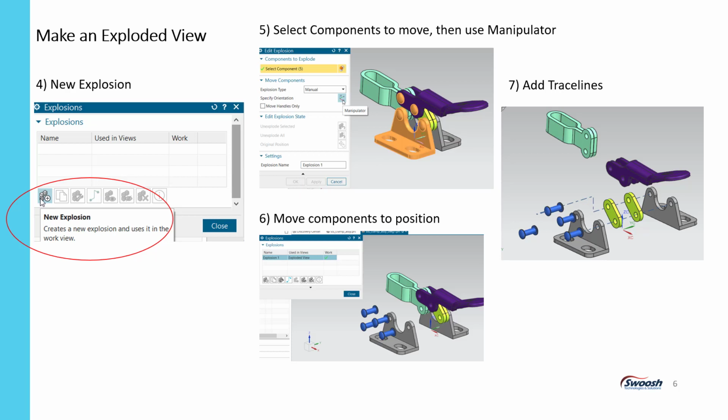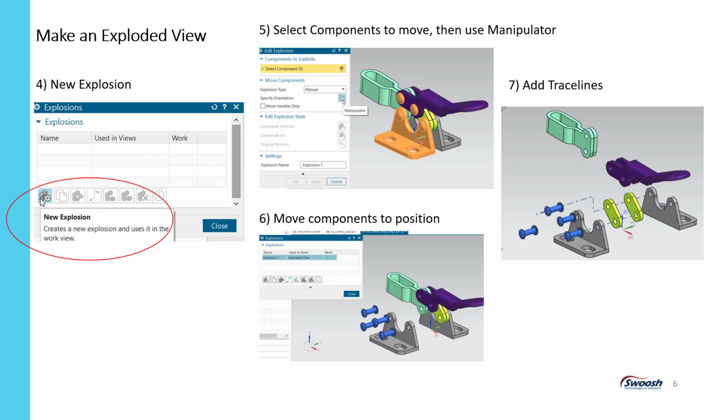Now, an advantage of explosions is they automatically override any assembly constraints, so you can just focus on what you want to do. So in step 5, what we'll do is we'll select the components we want to move, and then as you see in the manipulator, we'll pick it and we'll just drag our parts over.